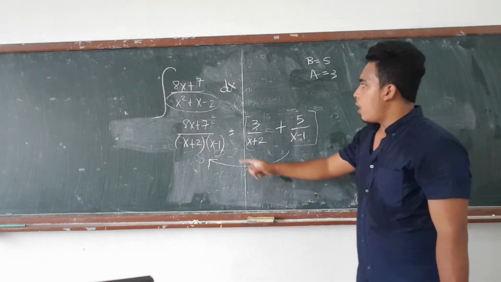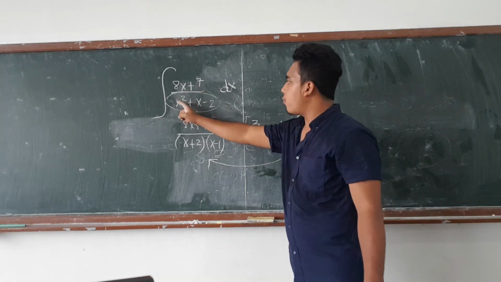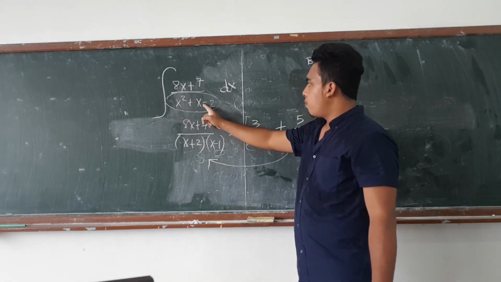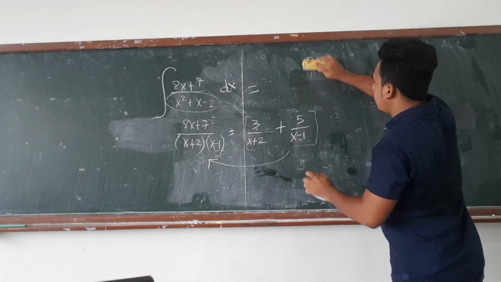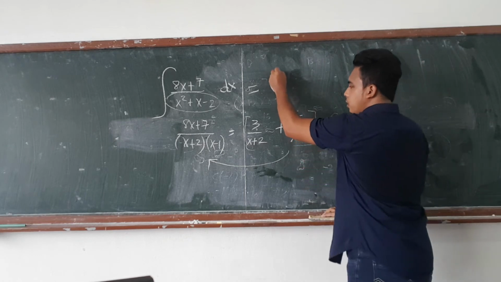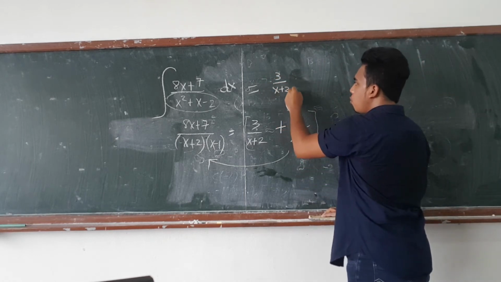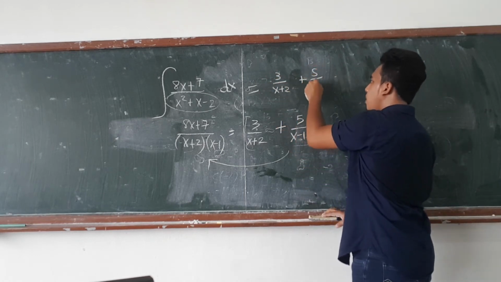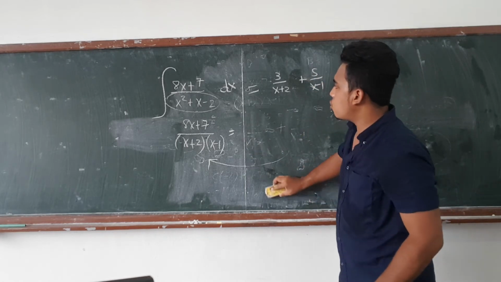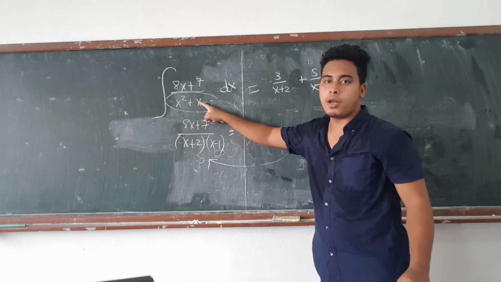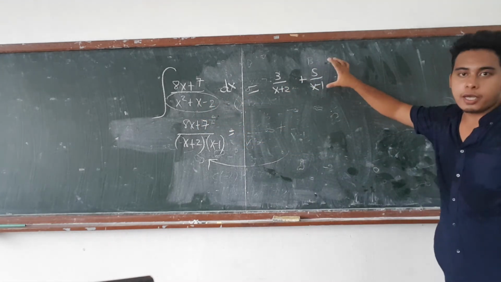Since 8x plus 7 over x squared plus x minus 2 dx is equal to 3 over x plus 2 plus 5 over x minus 1, then we can integrate this one by the use of this expression.